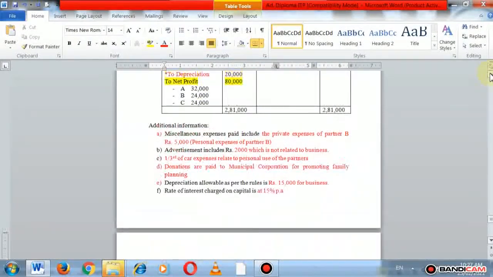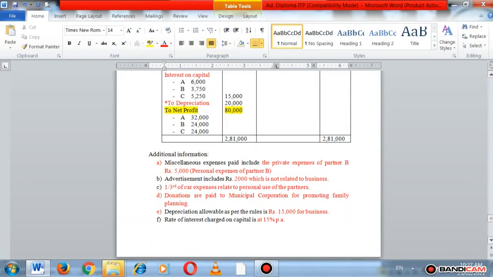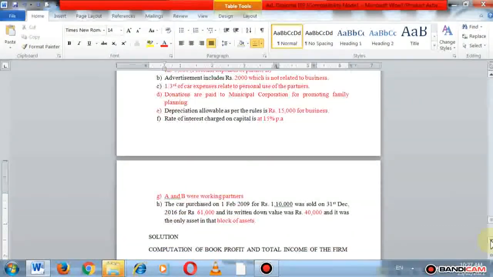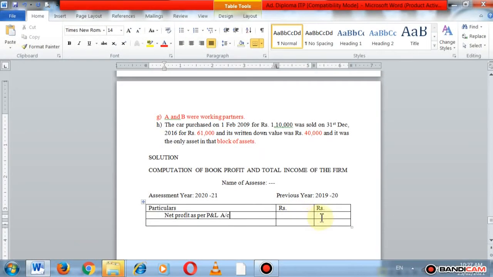Net profit is 80,000. Okay, 80,000. So net profit as per profit and loss account in the outer column is 80,000.